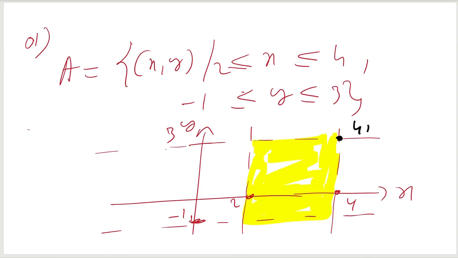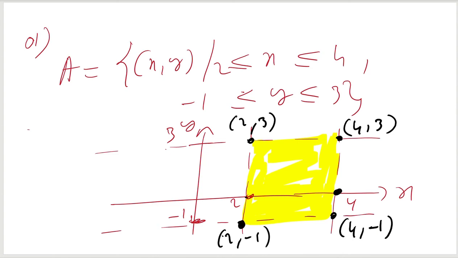This is 4, 3, this is 4, -1, this is 2, 3, this is 2, -1.